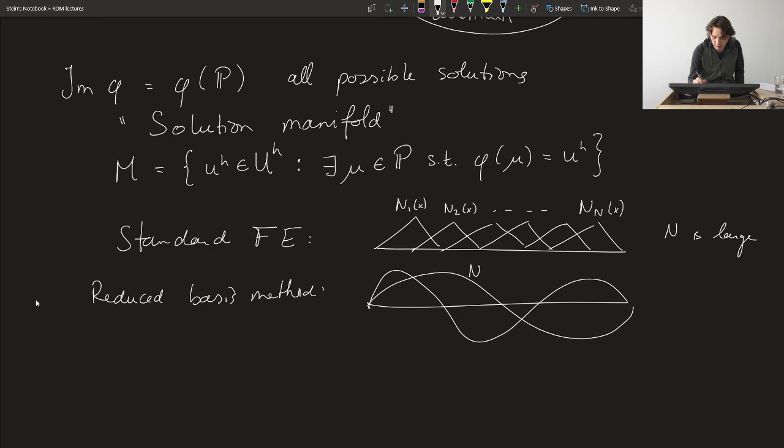So we might instead choose n tilde 1 and n tilde 2, and again, these are spatially dependent. So rather than looking for a finite element solution that lies in this U_H, which is the span of those hat functions, you might look for a solution in the space that is spanned by these smart basis functions.